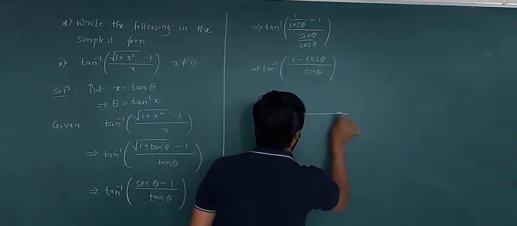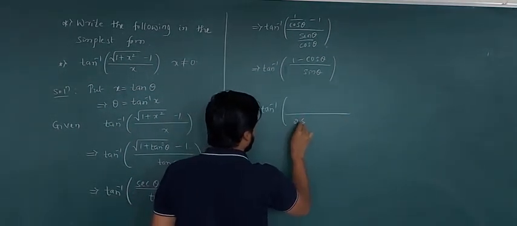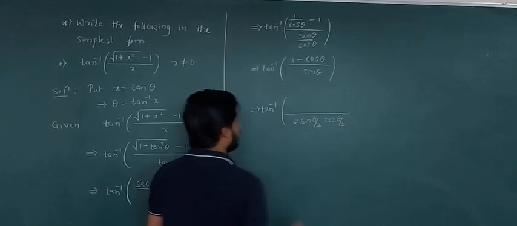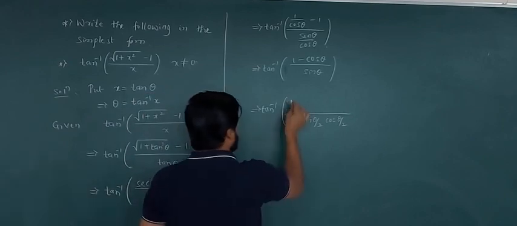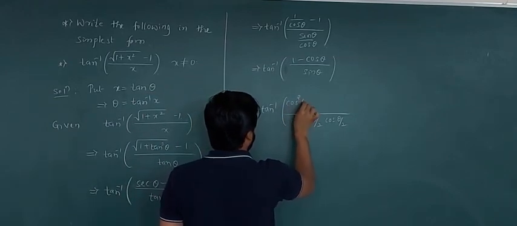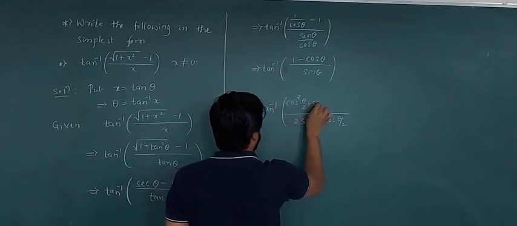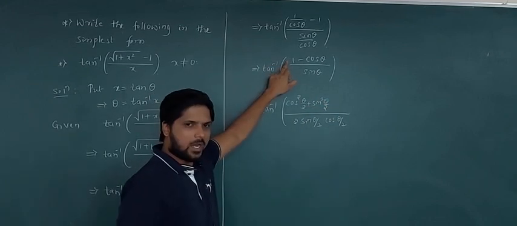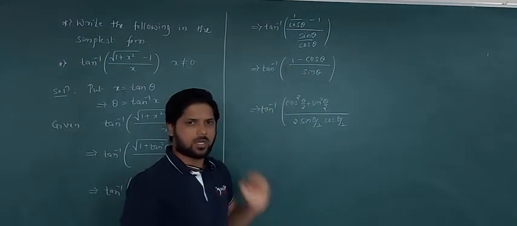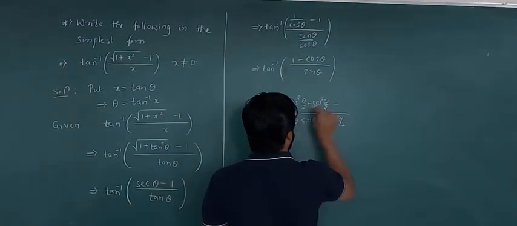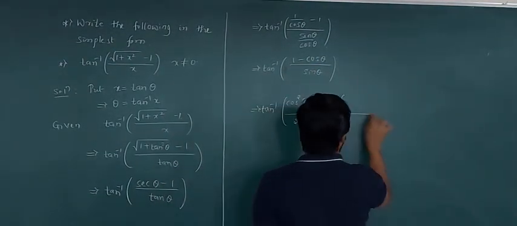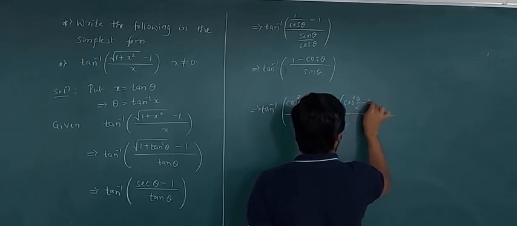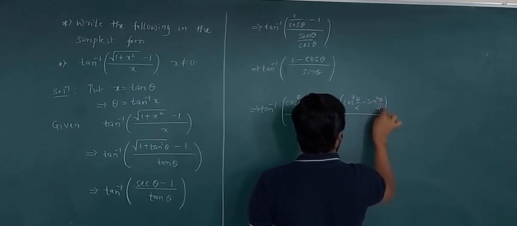So in the denominator, sin theta can be written as 2 sin theta by 2 into cos theta by 2. 1 can be written as cos square theta by 2 plus sin square theta by 2. This is 1. 1 can also be written as sin square theta by 2 plus cos square theta by 2. Minus is there, so minus cos theta, which can be written as cos square theta by 2 minus sin square theta by 2.